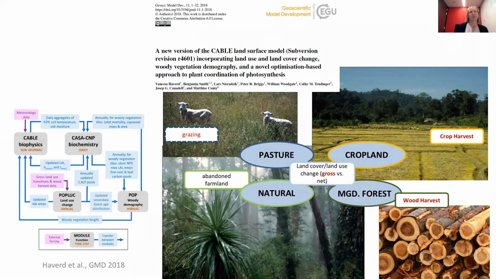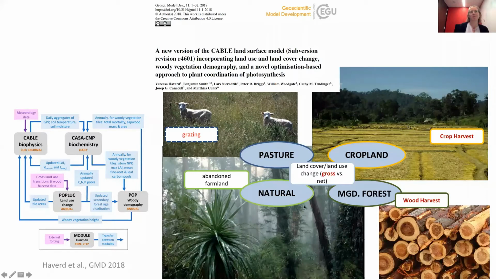And for the past 4 years, we've been contributing to that effort with the CABLE land surface model extended to a form we now call CABLE-POP, with some additional functionality that makes it particularly suitable for land carbon cycle attribution. I won't go through this in detail, but it's a schematic to give you a flavour for the sort of processes we represent.